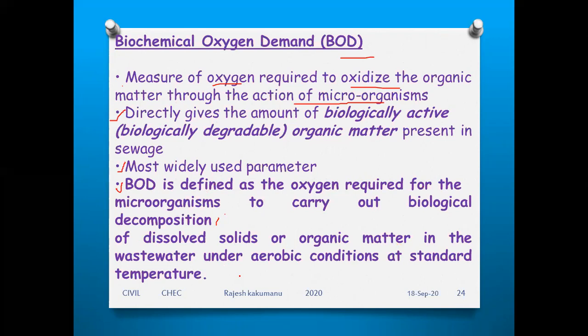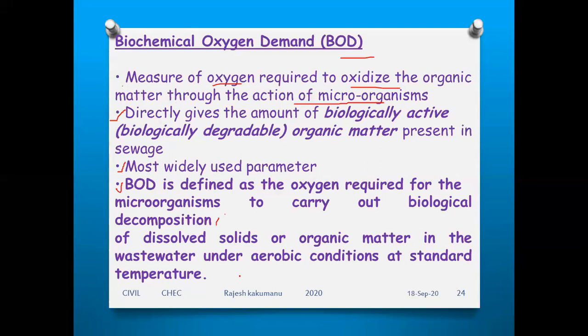So when asked to define BOD, you have to write this definition.